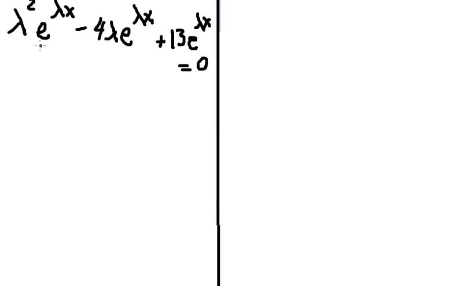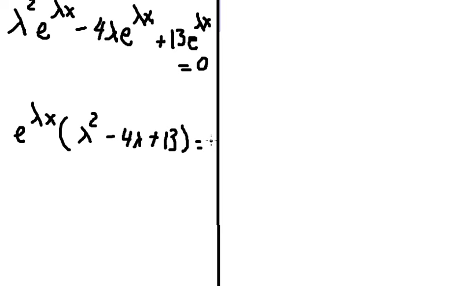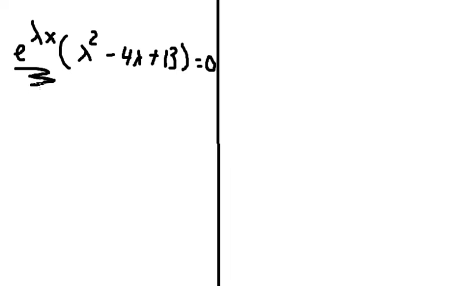So we know that we can do factorization, and we have lambda squared minus 4 lambda plus 13 equals 0. Because the exponential part has no solution, we just concentrate on this one.